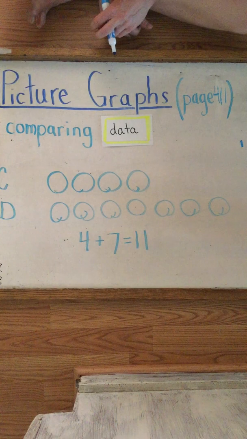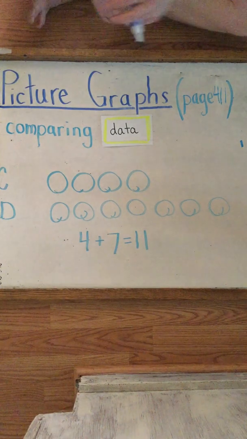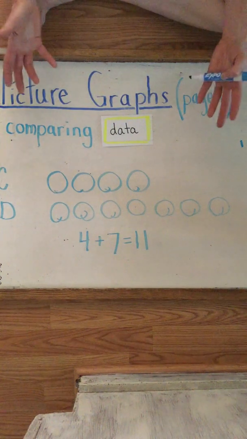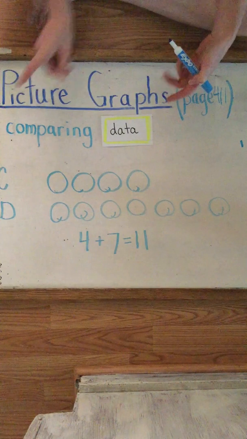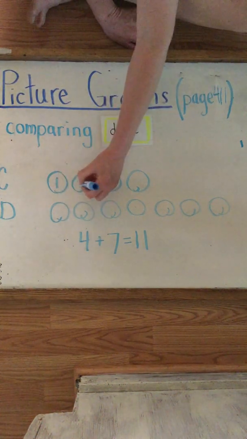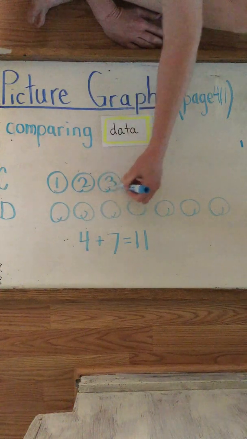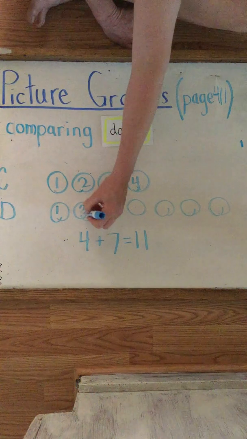Great. Now, if you look at page 412, I want you to see if what you did looks like what they did on the page. They counted out the dogs and cats. They put numbers on the smiley faces to figure out how many there were.